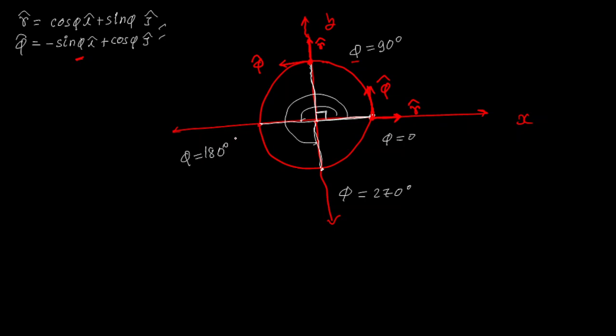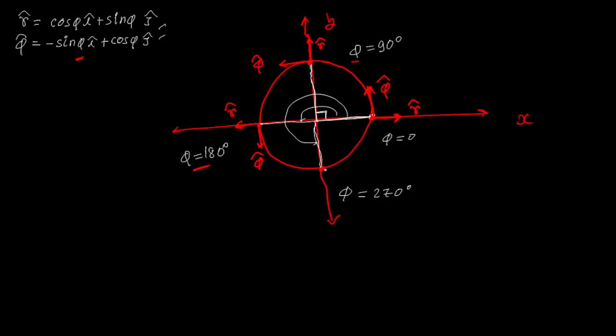In the same way, if you want to calculate r cap and phi cap at this position, you have to put the value of phi 180 in these equations. When you put phi equals 180, what will you get? r cap will be in the minus i cap direction, and phi cap will be in the minus j cap direction.